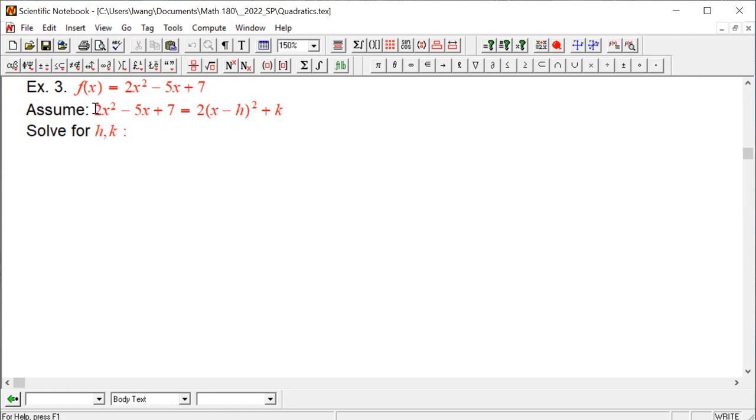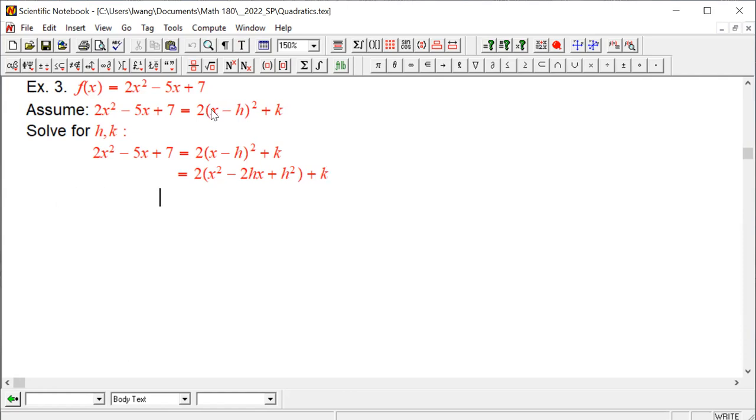And how do we solve it? The same trick. The same trick is that I'm going to FOIL this. So what do I get? Assume they're the same, so this will equal 2 times (x minus h) squared. It's going to be x squared minus 2hx plus h squared, plus k.